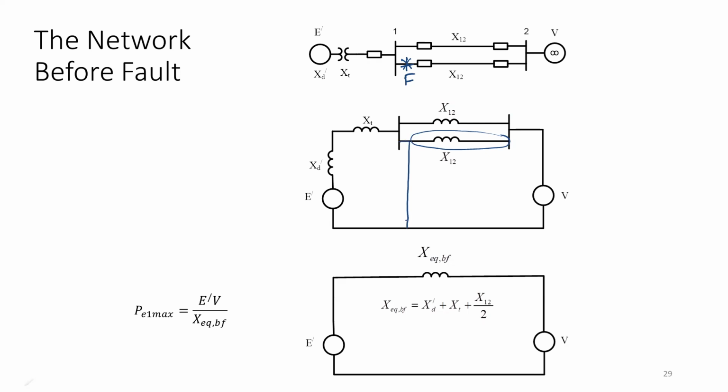Do we agree with this configuration? So my Xd dash will remain as it is. There will be no change at Xd dash or at Xt dash. Over here it will be some function of X12 or X, something we are not that interested in. I'll explain why we're not that interested. Now let's see what will happen.